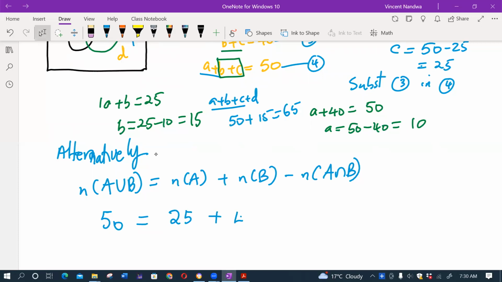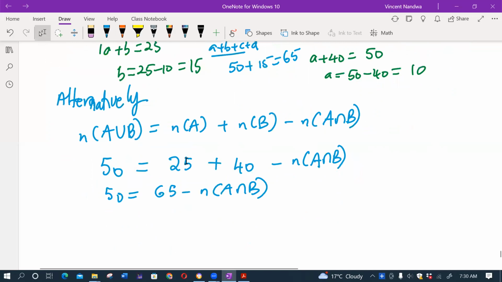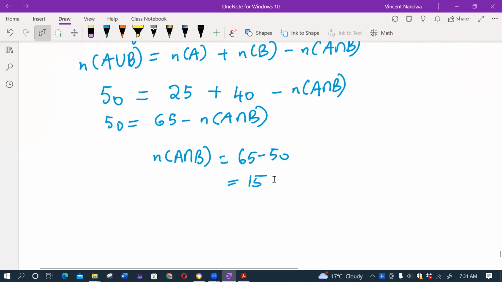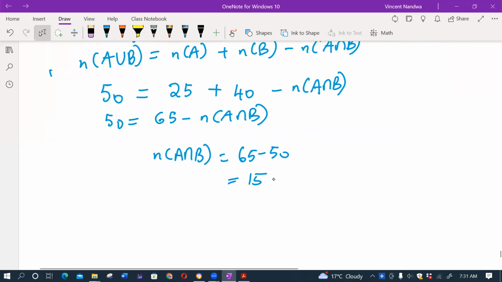Cardinality of B is 40. So 50 equals 25 plus 40, 65, minus cardinality of A intersect B. Then you make cardinality of A intersect B the subject, which will be 65 minus 50, still gives you 15. This is how you answer part 1.